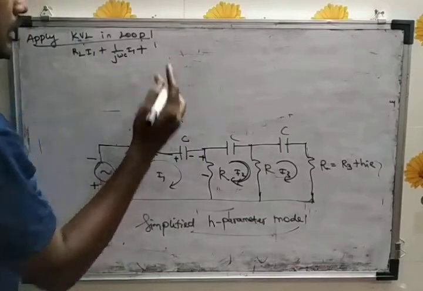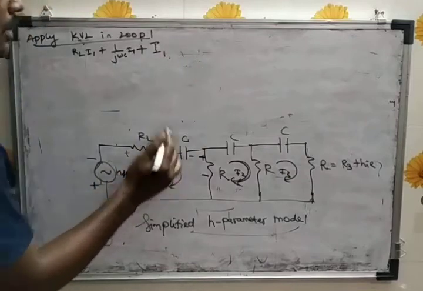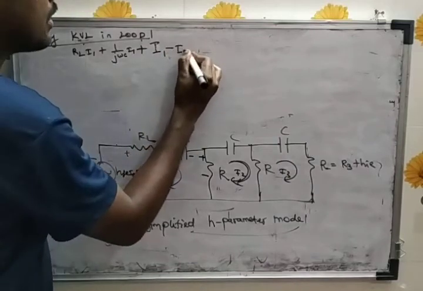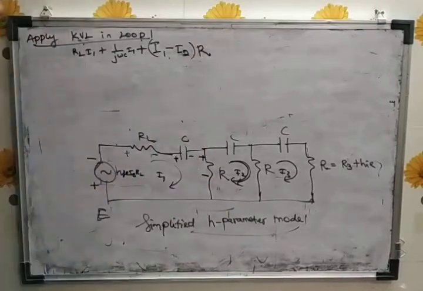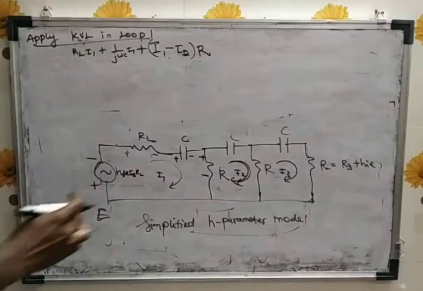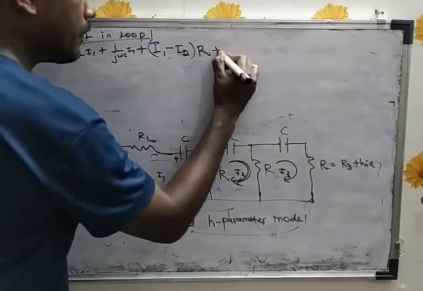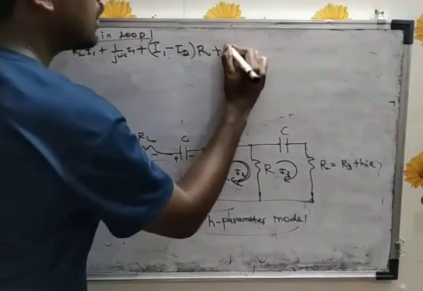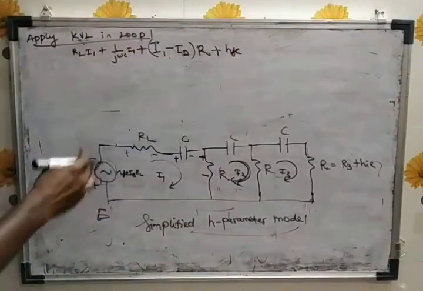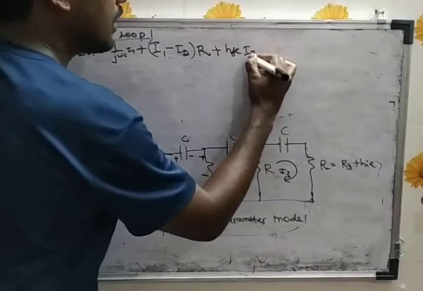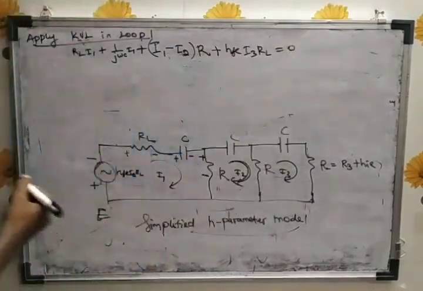So we can write I1 minus I2 into R. Here you are having plus sign, so plus HFE instead of IB, substitute I3, I3 RL is equal to 0.